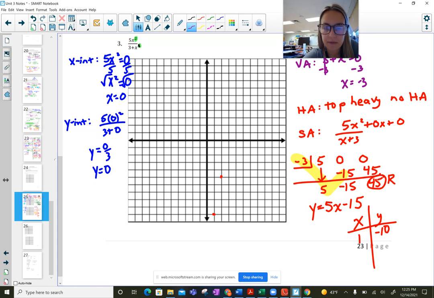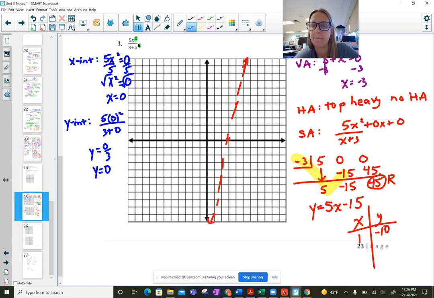What is wrong with me? 1, 2, 3, 4, 5 over 1. Okay, so it looks like a dotted line. Oh, Lordy B. That was a terrible excuse for a line, but we're going to go with it.